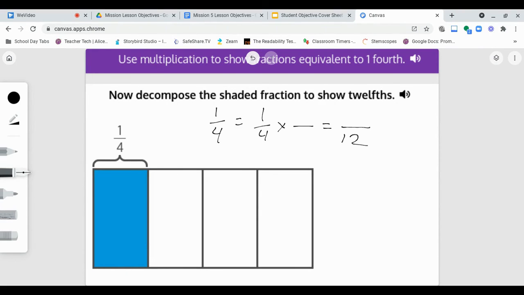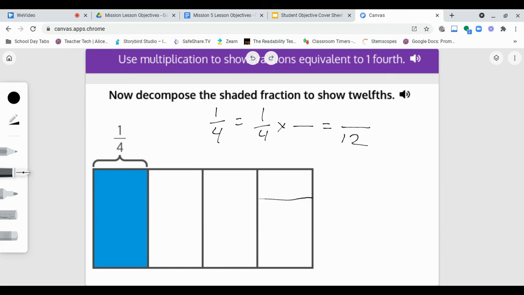Well, I'm going to ask myself first, how many times do I have to split 1/4 to get twelfths? Remember, last time I split it once, and I got 8 pieces, eighths. So I know I'm going to need more lines than 1.